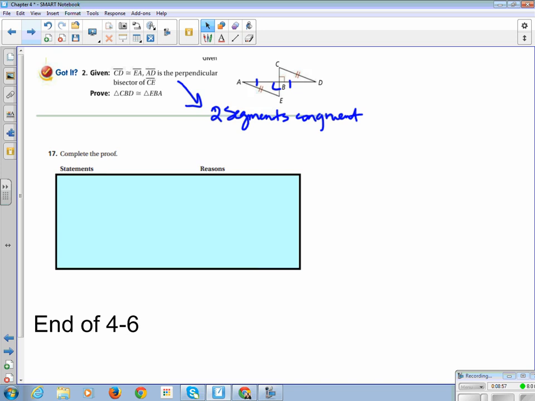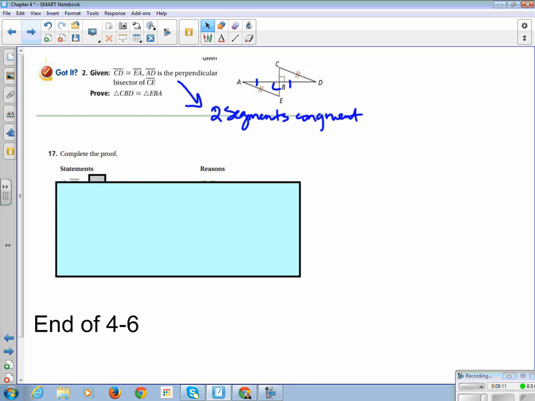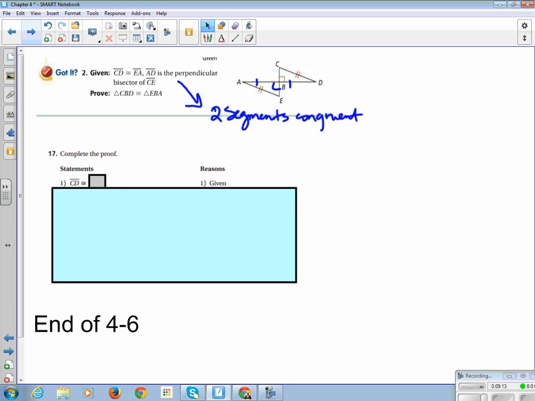What is the first piece of given information? CD is congruent to EA, so let's write that down. That's our first piece of information.